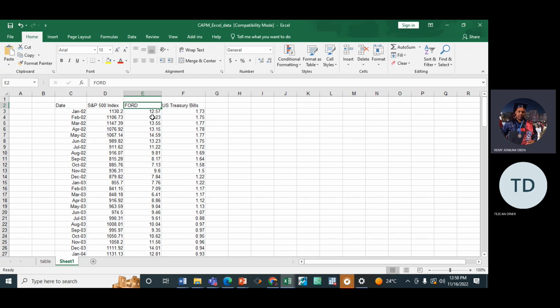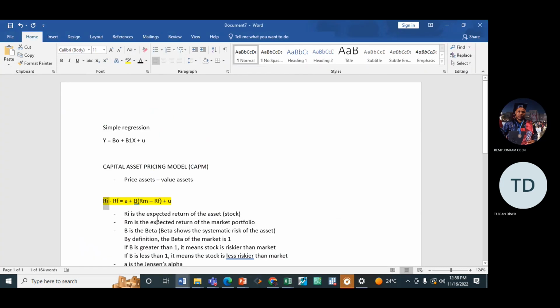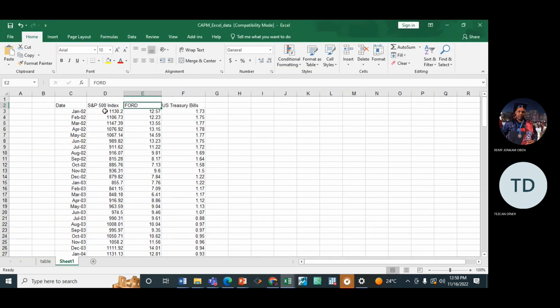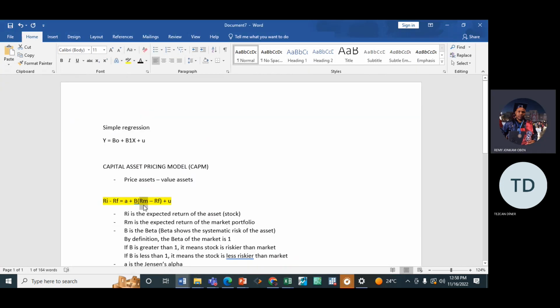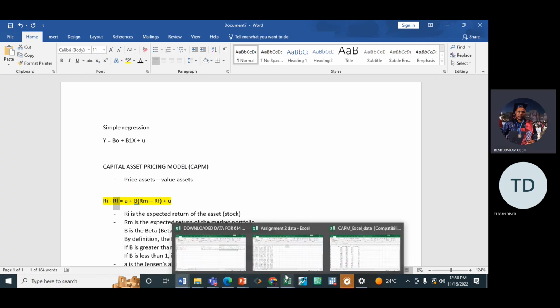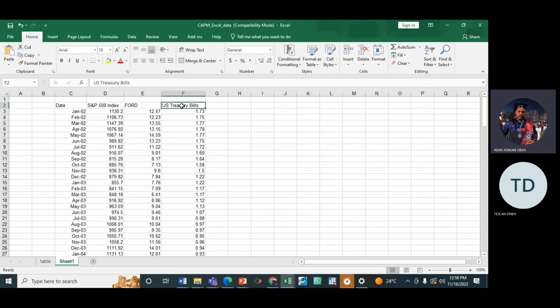So I'll get the return of the stock from this fourth. Now what next do I need? I need the return of the market, which I'll get from S&P 500. It's a proxy for the market. And then the next thing I need is the risk-free rate of return, which I'll get from T-bills, right? Treasury bills. And then I'm done.